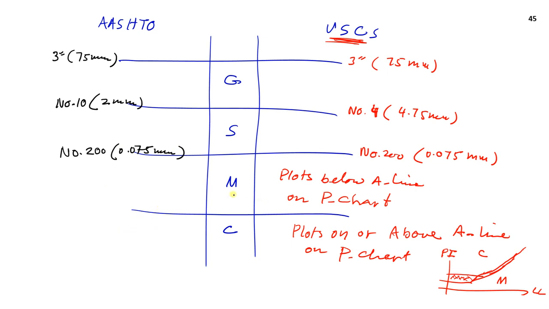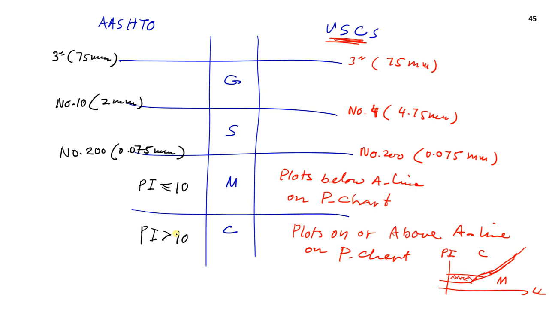But how are we going to differentiate between silt and clay? For that, we only look at the plasticity index. In AASHTO, we only care about the plasticity index. If the plasticity index is less than or equal to 10, it will be considered silt, and if it is more than 10, it will be considered clay.